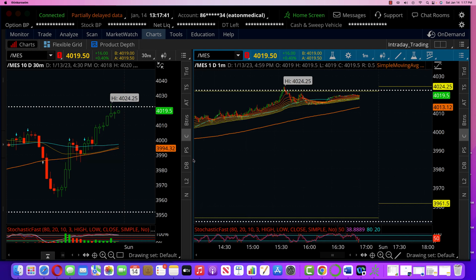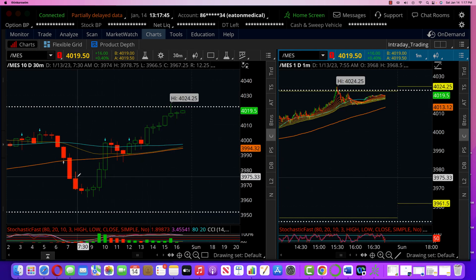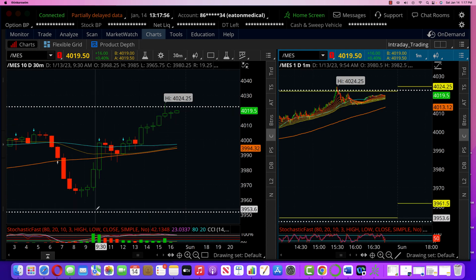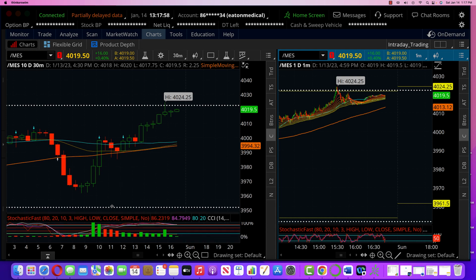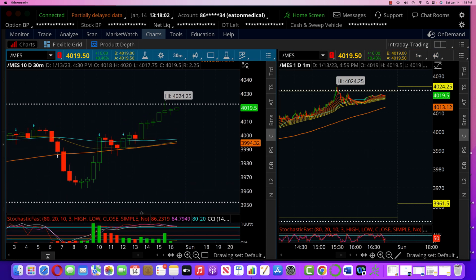So, on the left side of this setup, I have just a chart with the price action and volume at the bottom, a volume indicator, and I have the stochastic here as well.